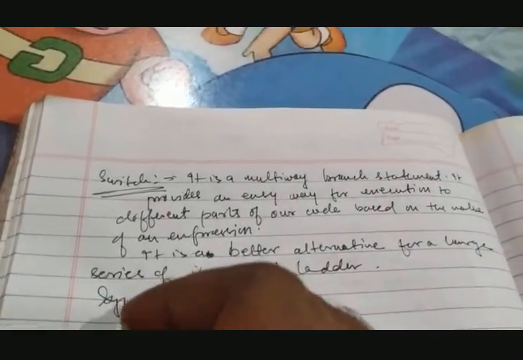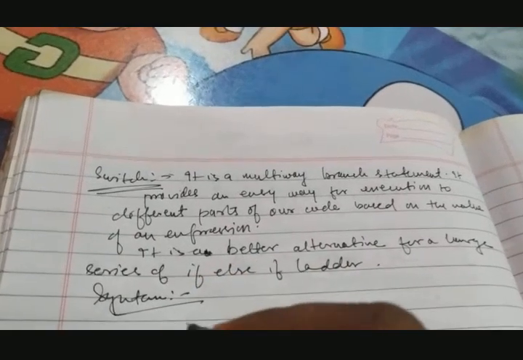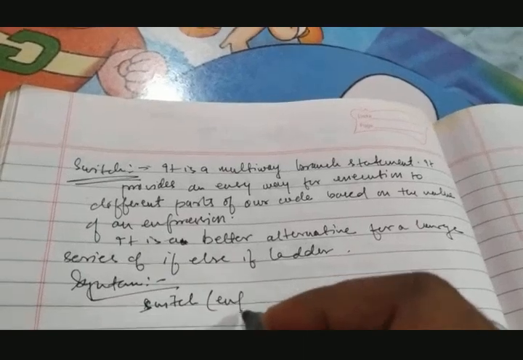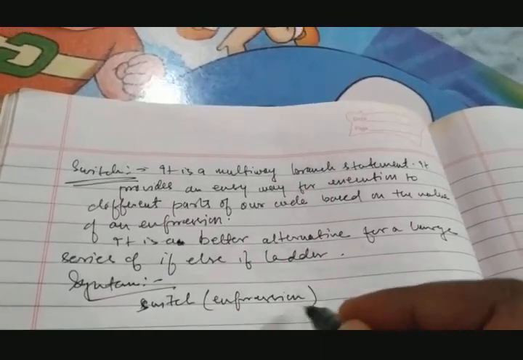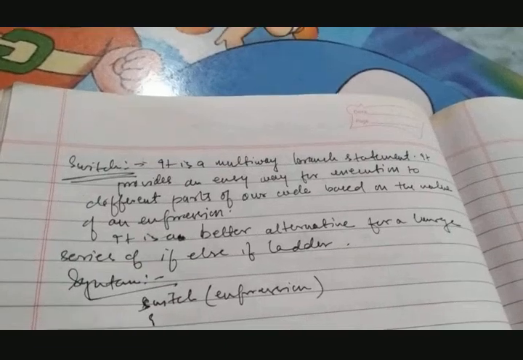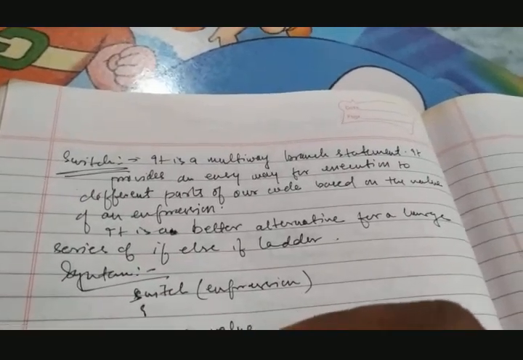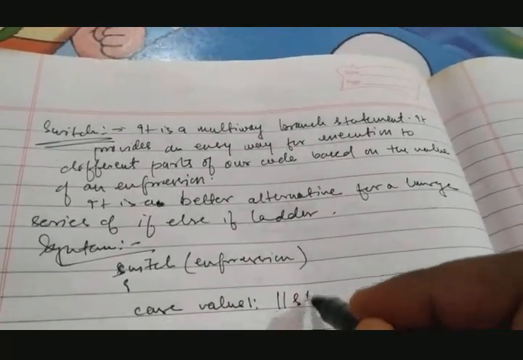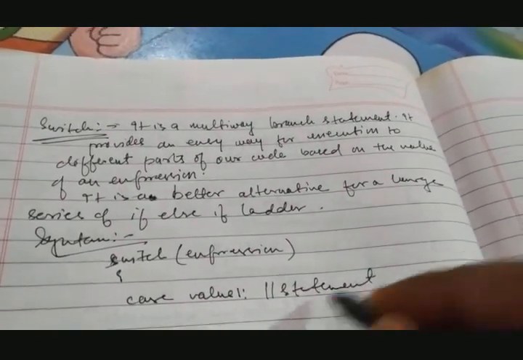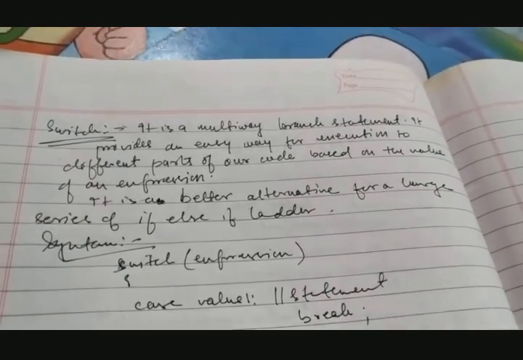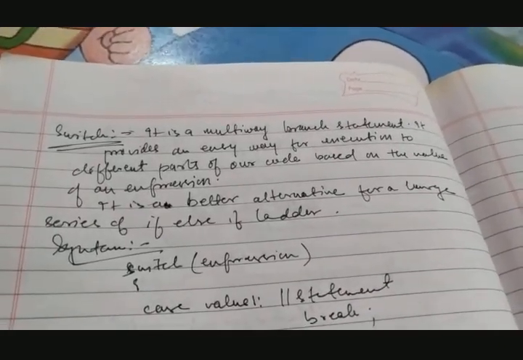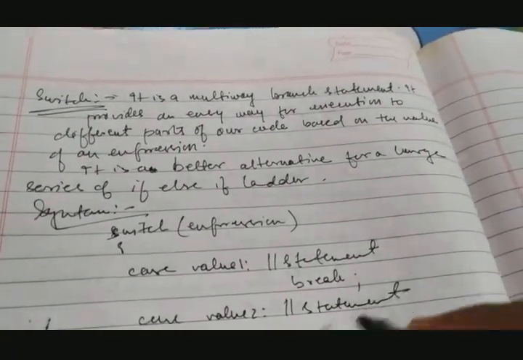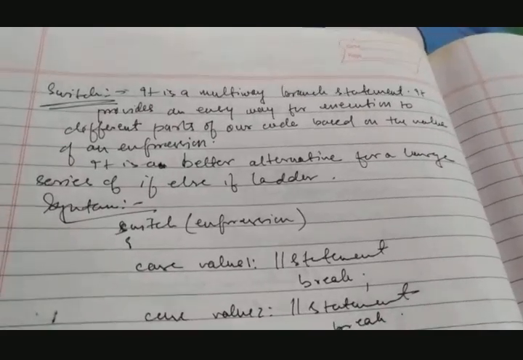Now, what is the syntax of it? Switch, with s small, then expression, then case value. You can have a value 1 or a, b, c, whatever. Then the statement is there. It contains a break, then the case value 2 statement, and you have a break, dot dot dot.